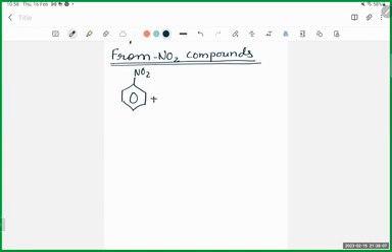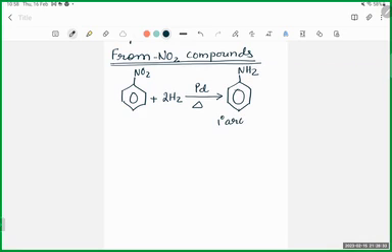And we do the reduction, hydrogenation basically, in the presence of palladium, and we heat it. Actually, hydrogenation happens in the presence of nickel, platinum, or palladium, right? So we took palladium over here. So the product forms, we get the aniline. The NO2 group changed to NH2. So this is the 1 degree aromatic amine.